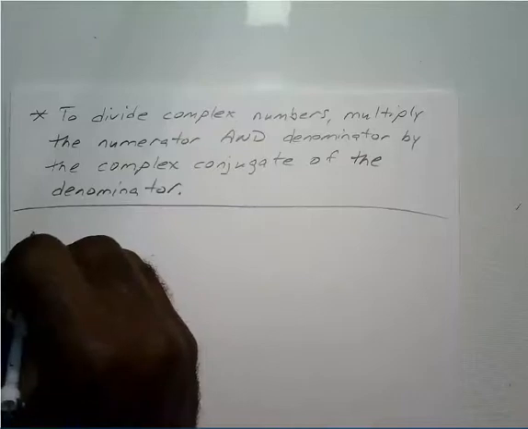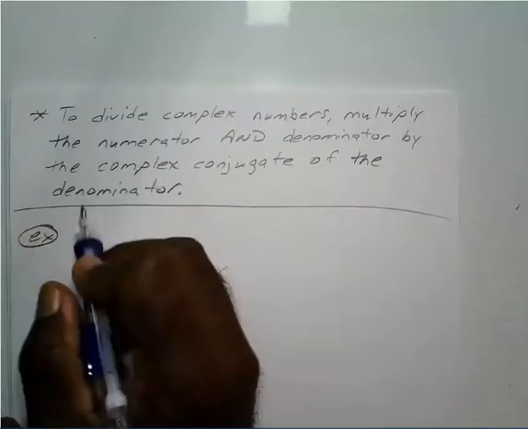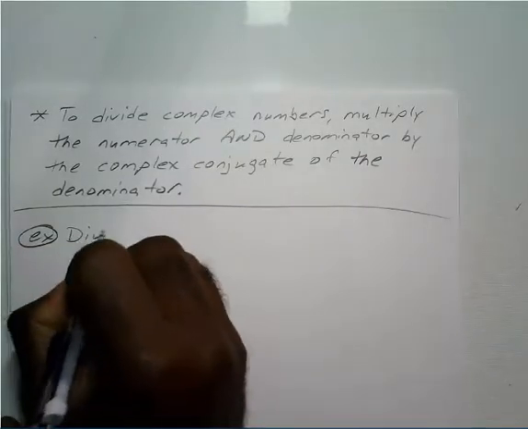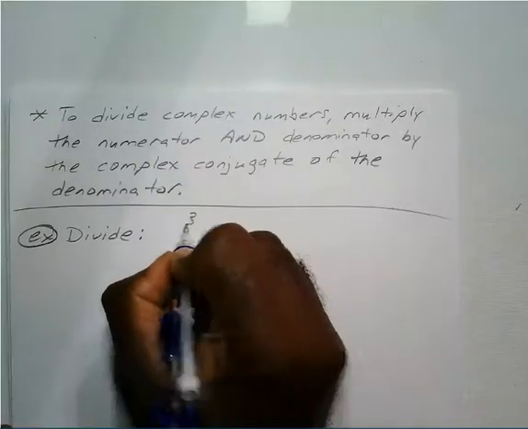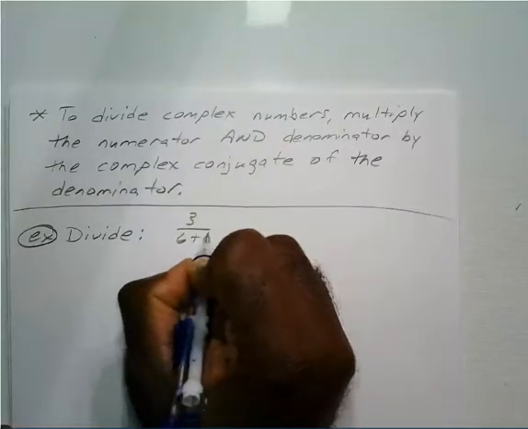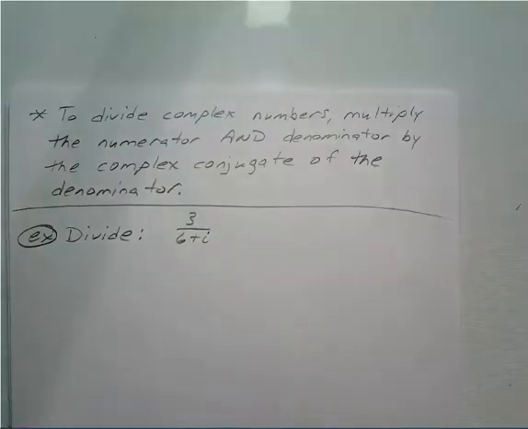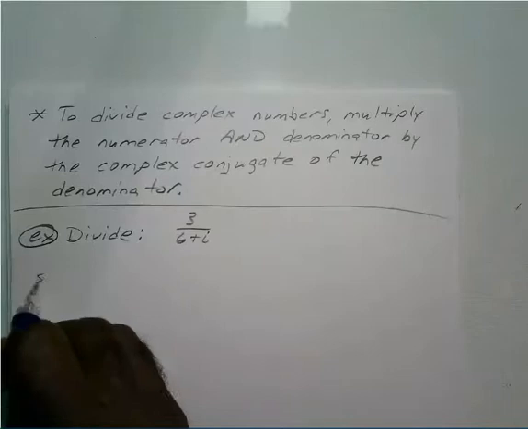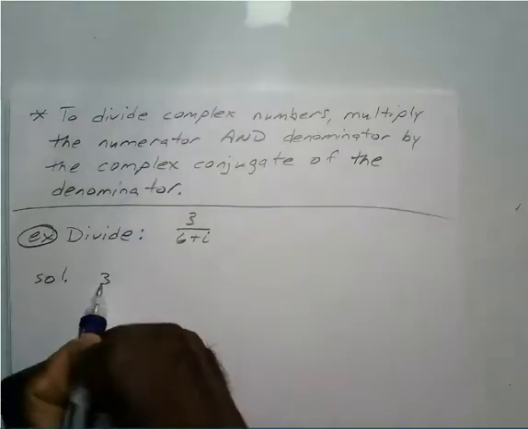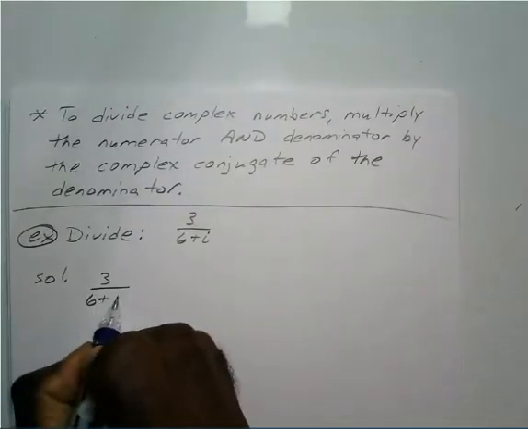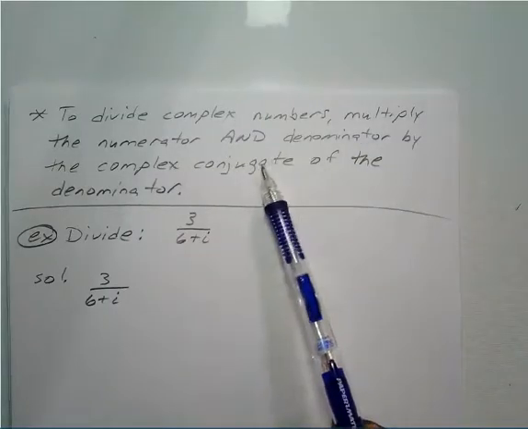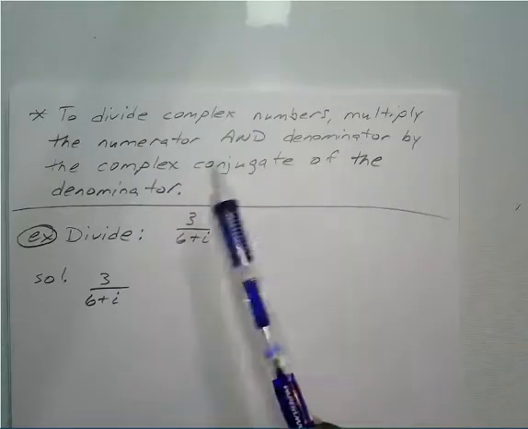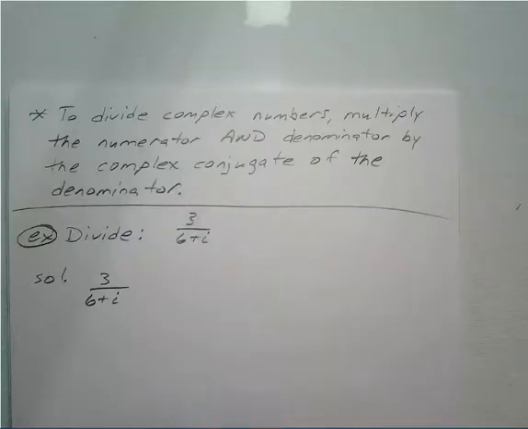Alright, so let's say, for example, you're asked to divide 3 over 6 plus i. Okay, so I'm just going to write that down. 3 over 6 plus i. Now remember, we have to multiply the numerator and denominator by the complex conjugate of the denominator.